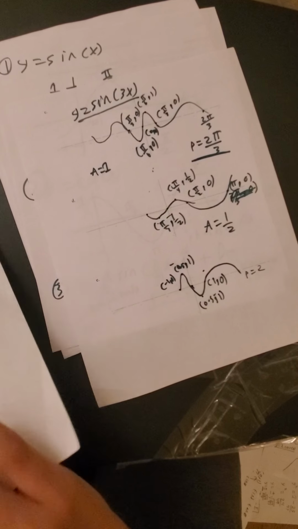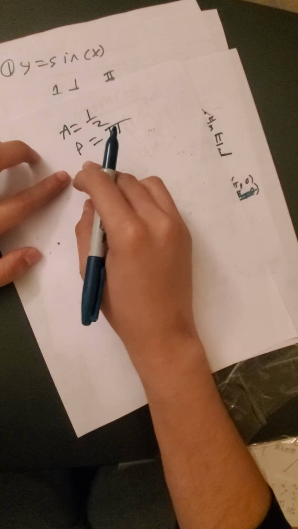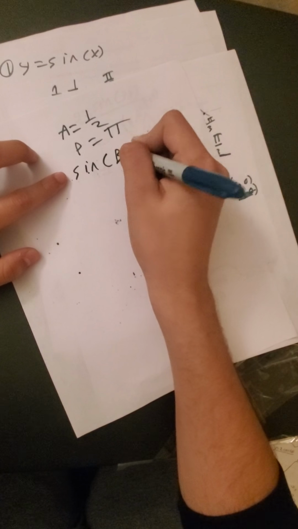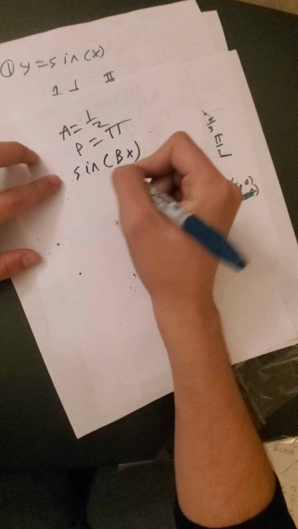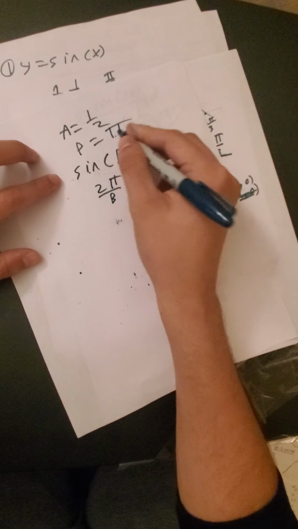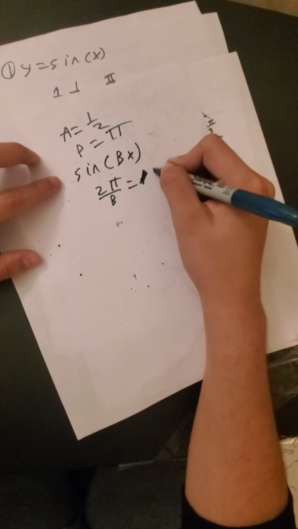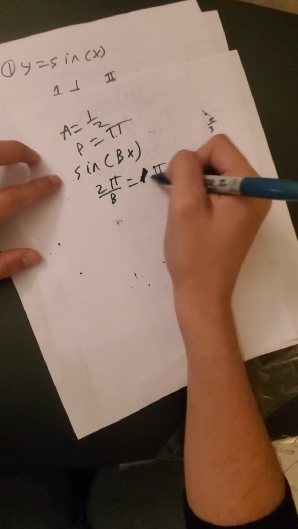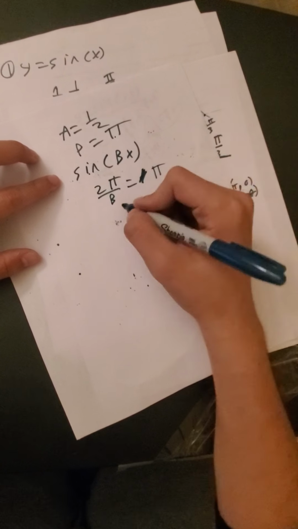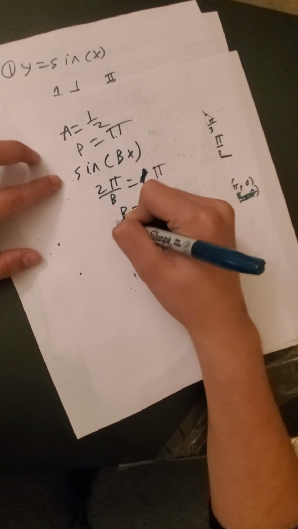Okay, so first let's find the value b in sine of b times x. We know that 2 pi over b equals p, and we know that p equals pi, so we can just make this pi. Divide by pi on both sides and multiply by b, we will have b equals 2.